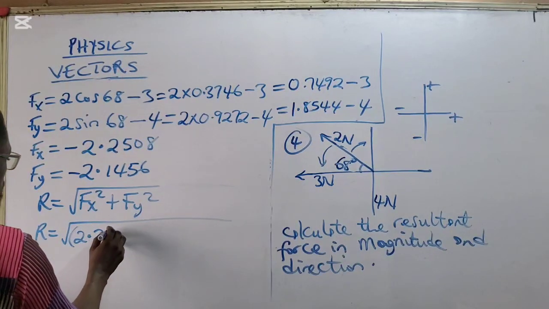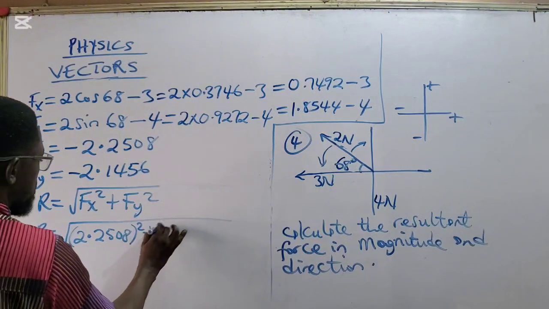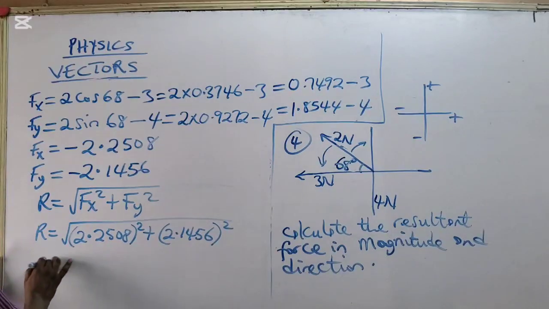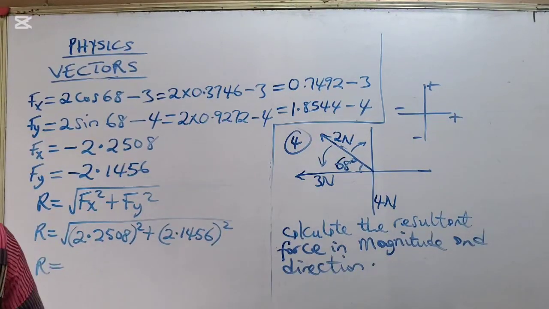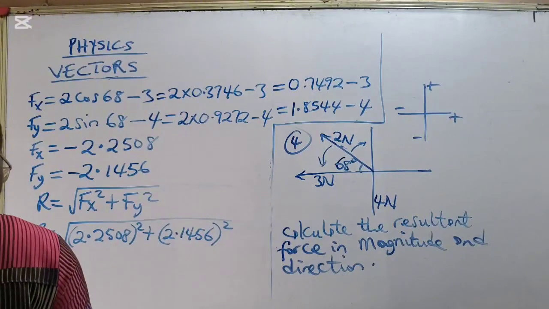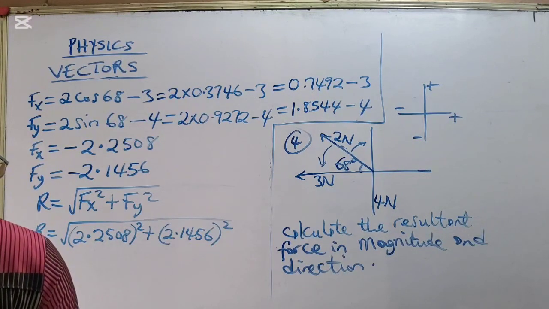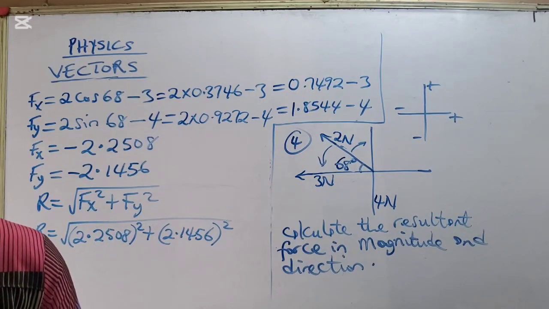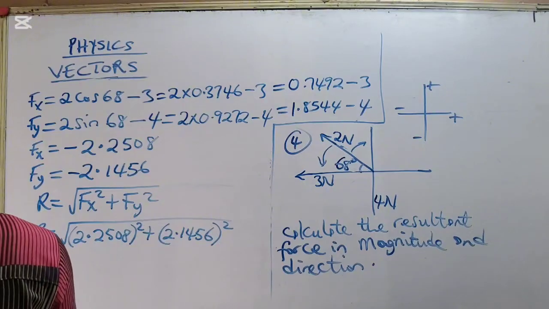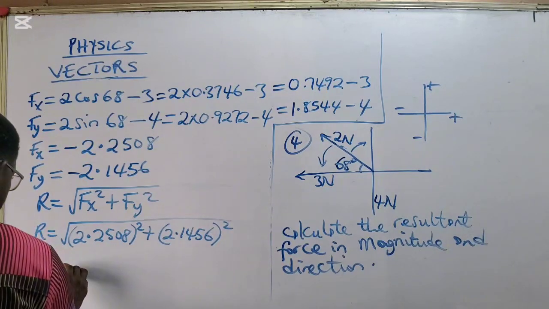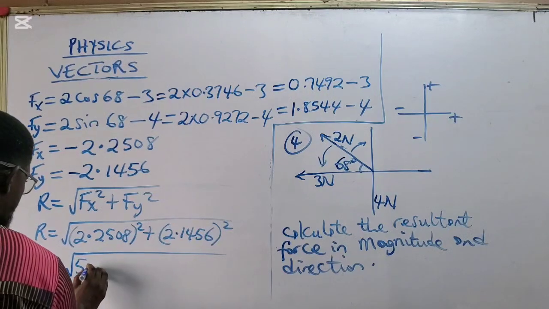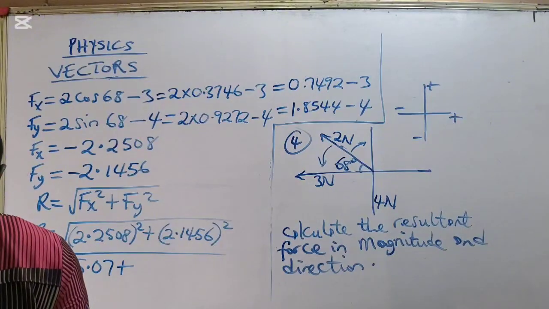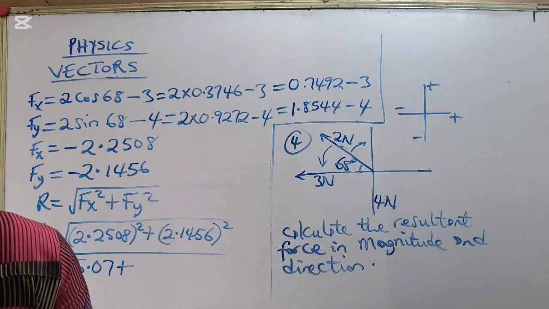So 2.2508 squared plus 2.1456 squared. That gives 5.07 and 4.6.